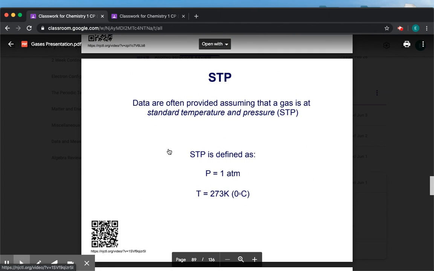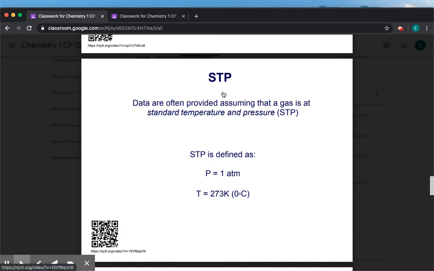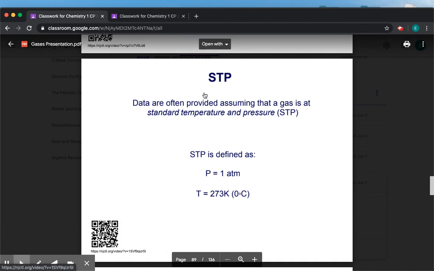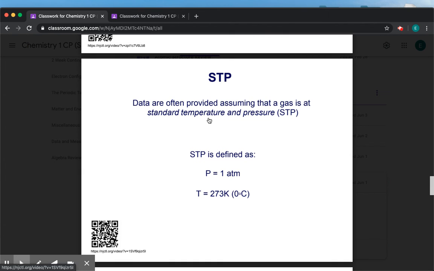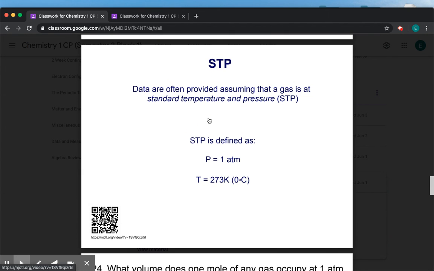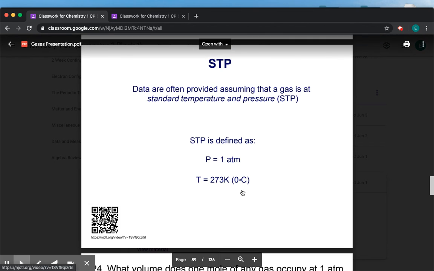Okay. Now, some of the problems are going to say that you have conditions of STP, or standard temperature and pressure. Remember when we first talked about moles, we defined what this is. Standard temperature is not room temperature. Standard temperature is 0 degrees Celsius.